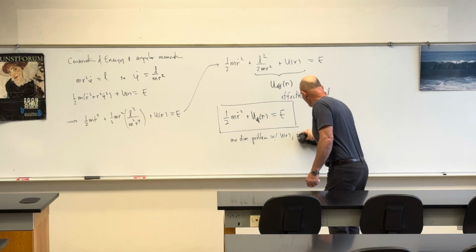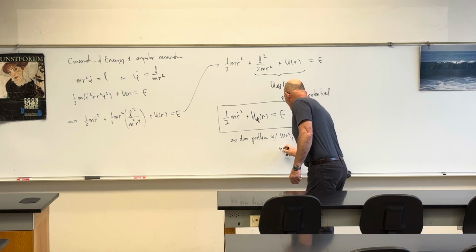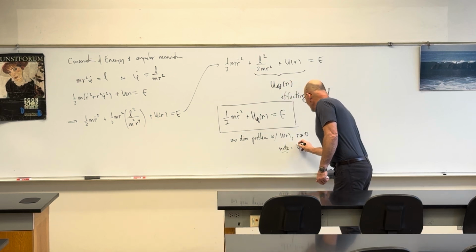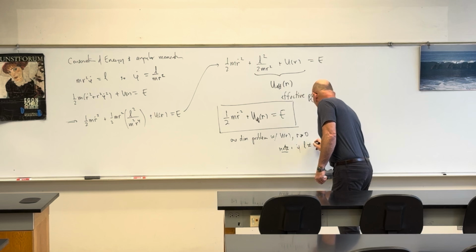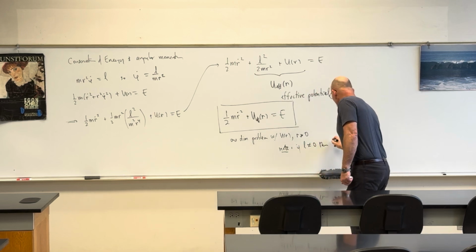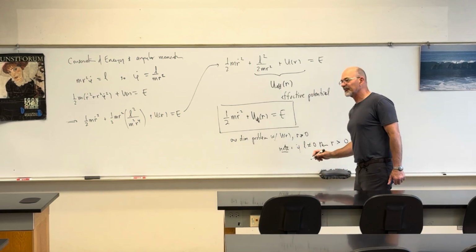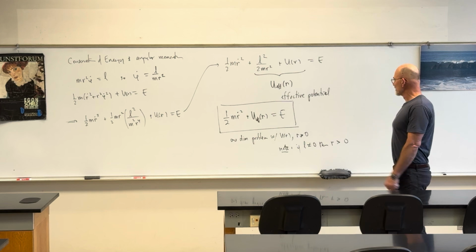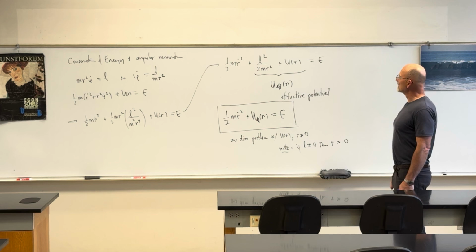Let's just leave r greater than or equal to 0, and note that if L is not equal to 0, then we have to restrict r greater than 0. That's a good point.